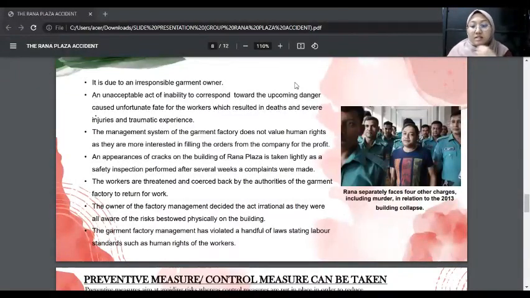Apart from that, the management system of the garment factory violated labor standard laws, such as giving minimum wages to the workers and also threatening their lives by forcing them to return to work even after the appearance of cracks on the building of Rana, with a safety inspection performed only a few weeks after complaints were made by the workers, in order to evacuate the workers from danger.